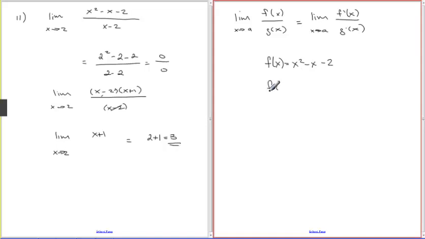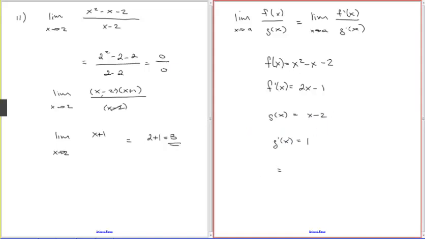Therefore, f prime of x, the derivative of this expression with respect to x, is 2x minus 1. And g of x is the denominator. L'Hopital's rule always has to be applied to rational functions. So the denominator is x minus 2. So g prime of x: the derivative of x is 1, and the derivative of a constant is 0.